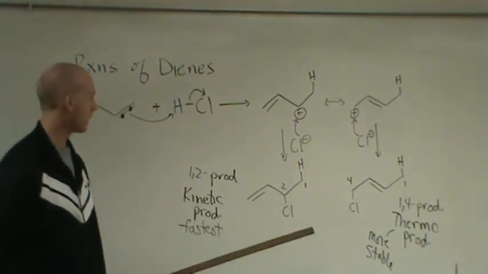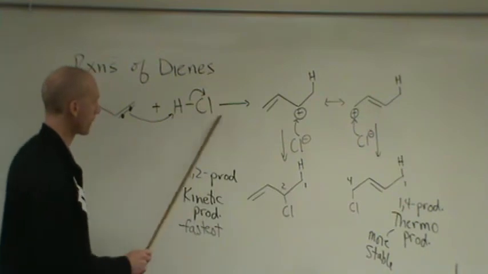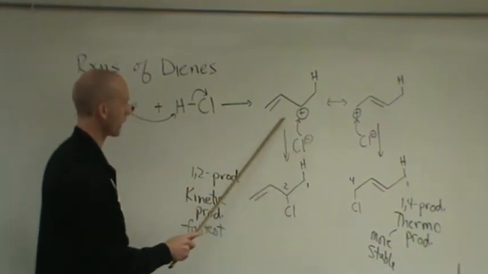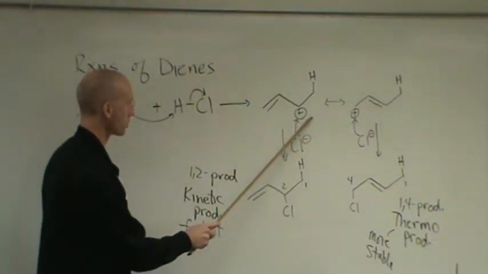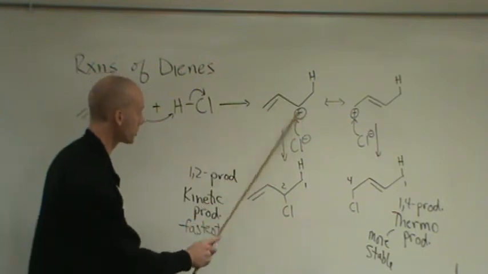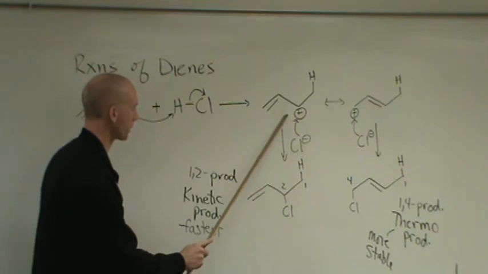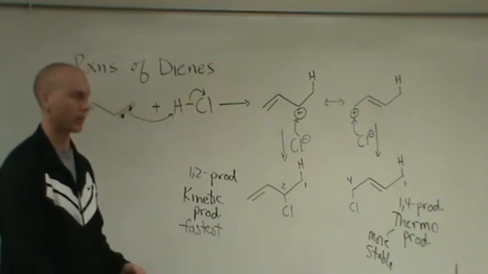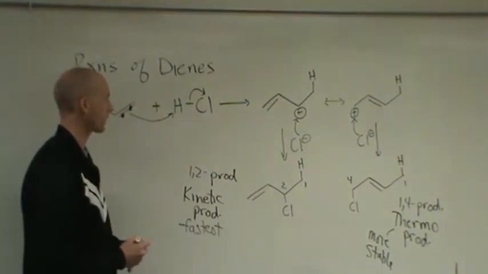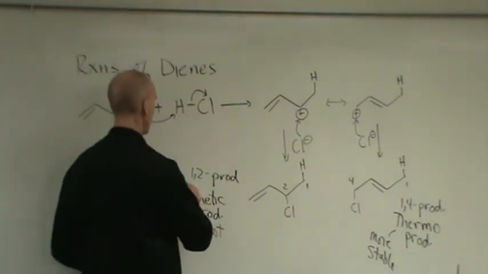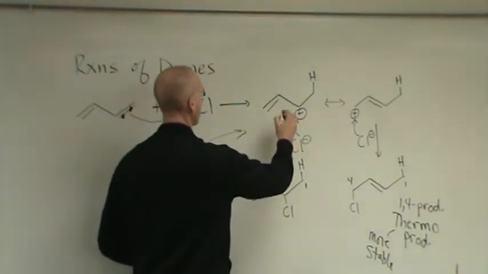Well, this one forms faster because if you look at the two carbocations, this one was more stable, and so this pathway is going to form faster because this forms easier, then this is going to form easier. So the kinetic product has to do with the carbocation intermediate.